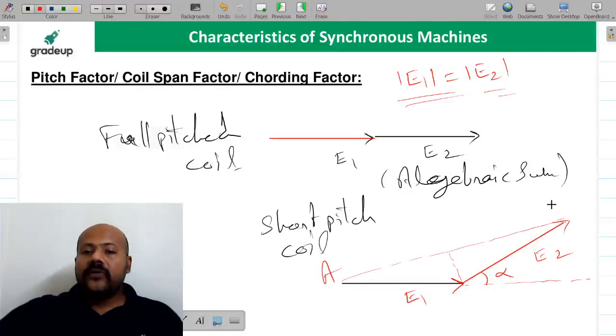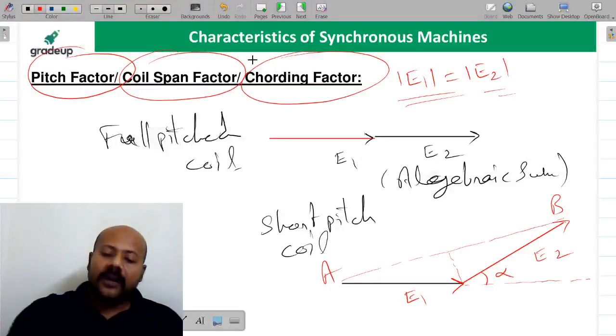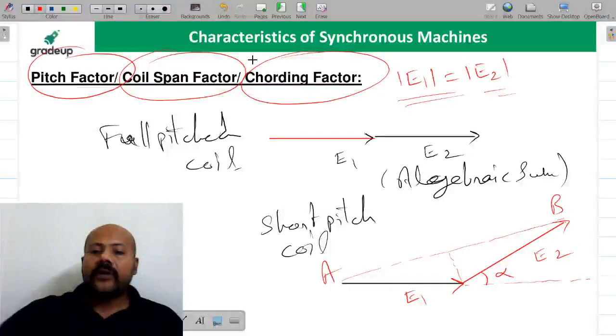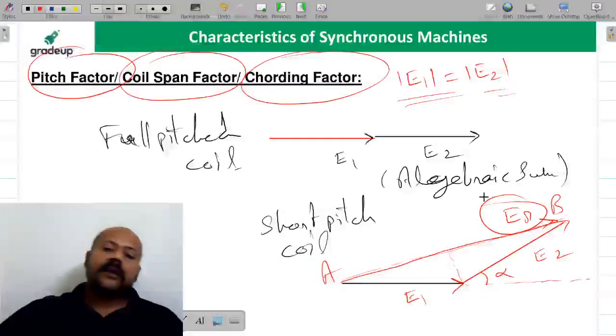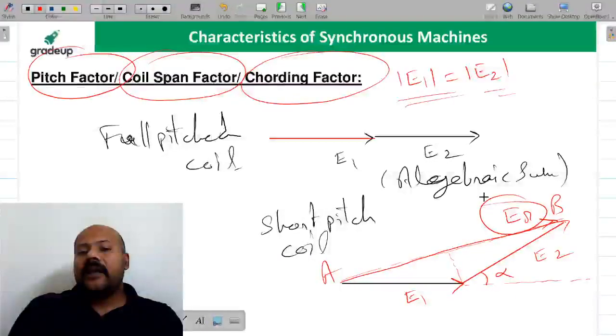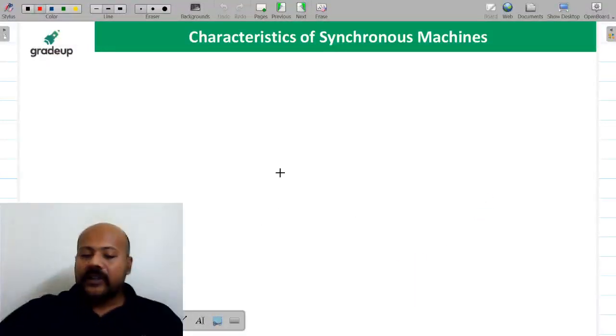So if you want to know what is the pitch factor, coil span factor or the chording factor, you have to find this resultant, suppose this is ER, when there was a short pitch coil, and divide it by the full pitch coil. How are we defining the chording factor Kp?